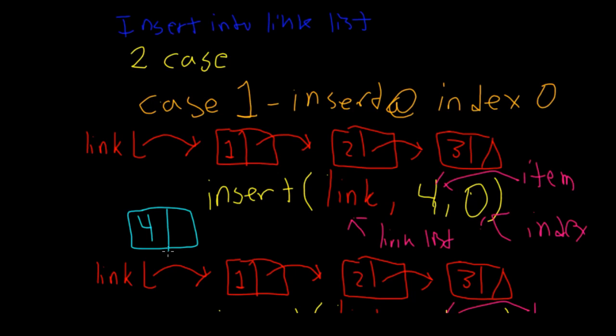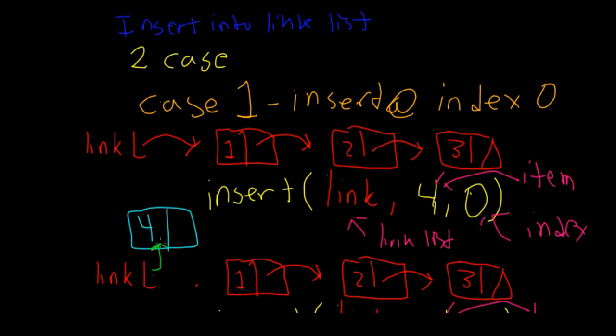And what I can do is really just take this pointer and move it here. So I can basically erase this pointer and move this pointer to here. So let's do that: take this and point it here.